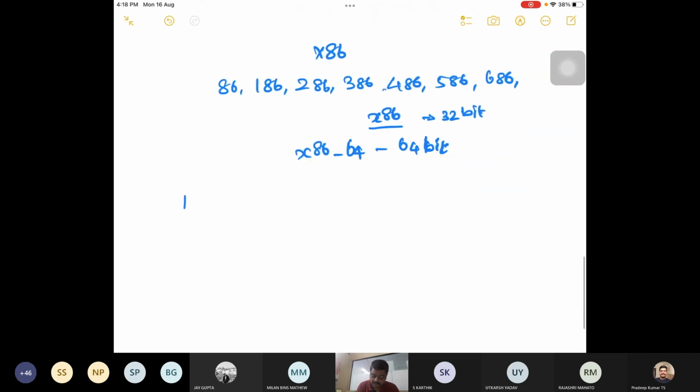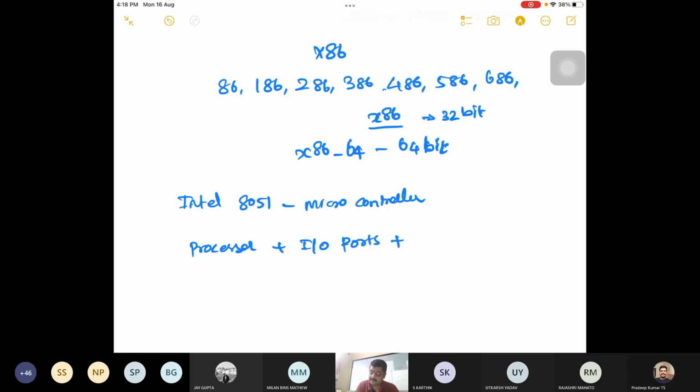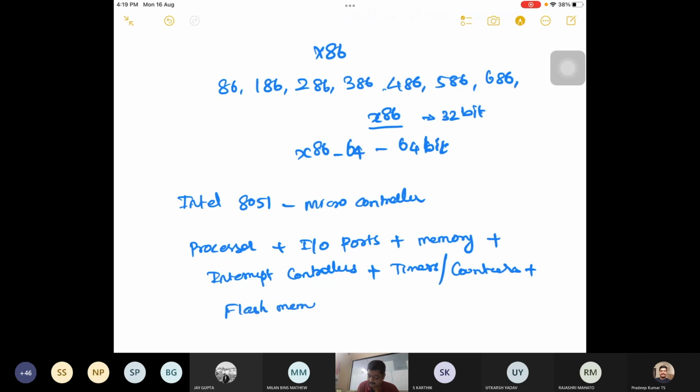But Intel 8051, what it has is, it's a microcontroller. So microcontroller means a processor plus IO ports plus memory plus interrupt controllers plus timers or counters plus flash memory or plus watchdog timers.